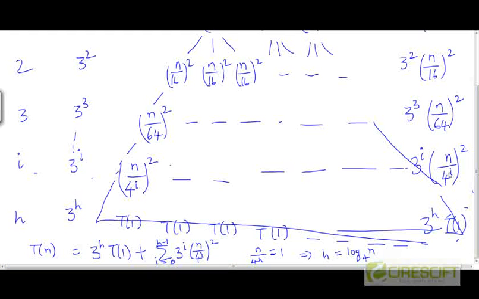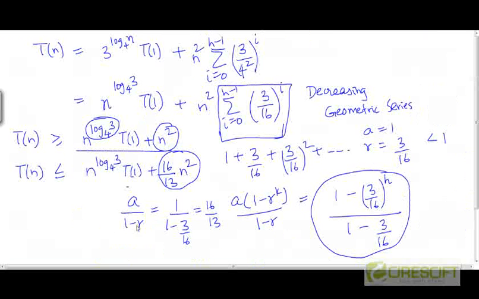At the penultimate level, this term is going to be n by 4 to the power h minus 1 squared, which is going to be another constant. Let's look at that. N by 4 to the power h minus 1 squared, where h is log of n base 4.